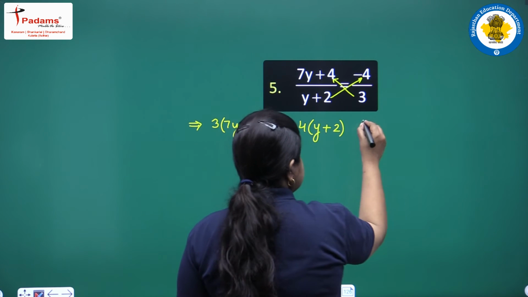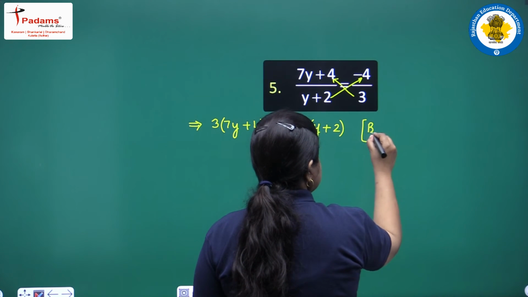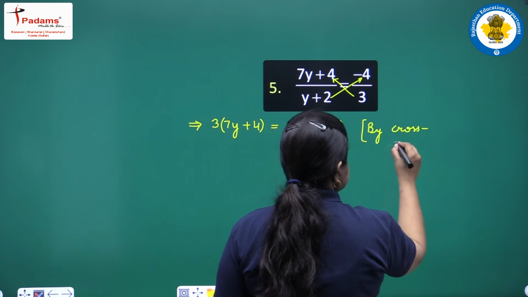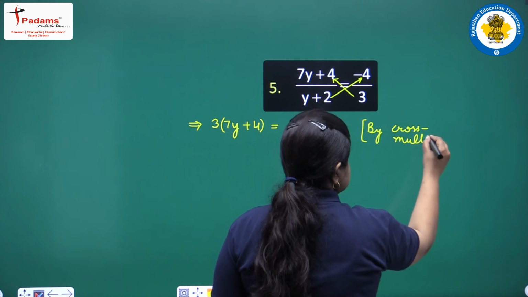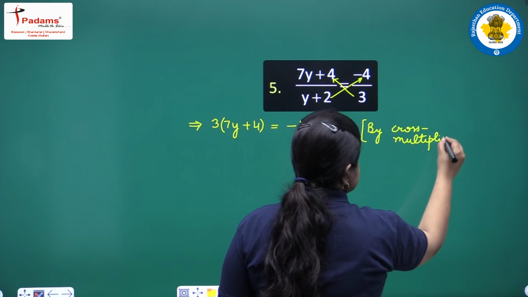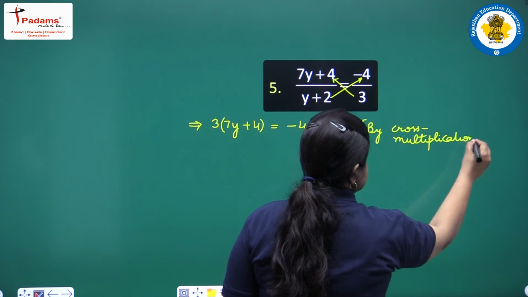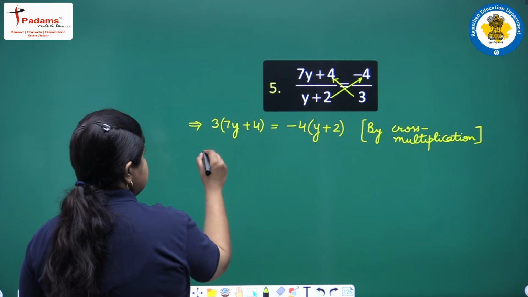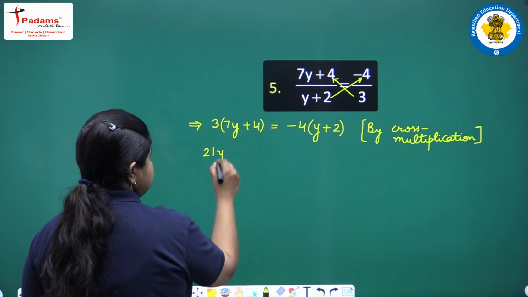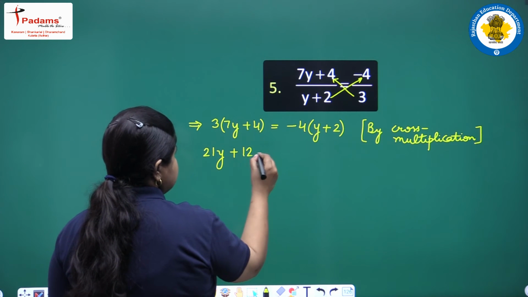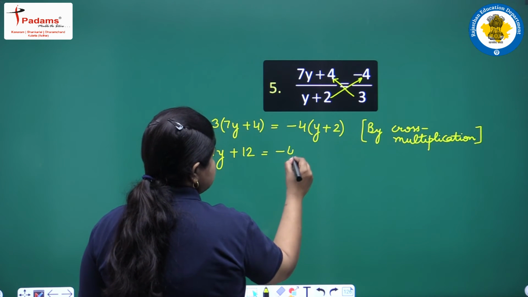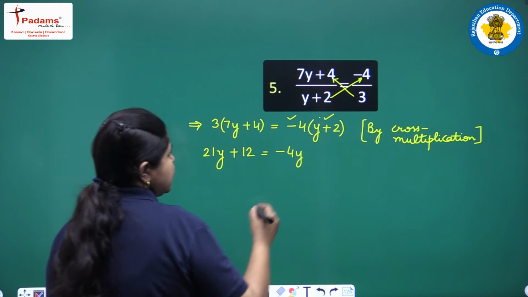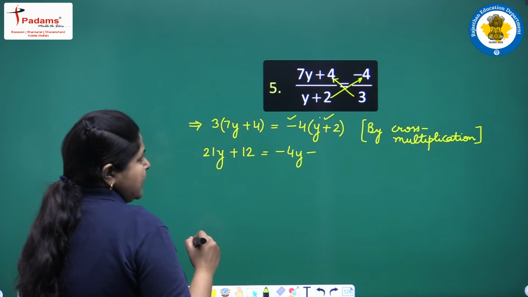You can always write here in the bracket by cross multiplication. This gives us 3 7s are 21y plus 3 4s are 12 equal to -4y. Again this minus and this plus together will give us minus.